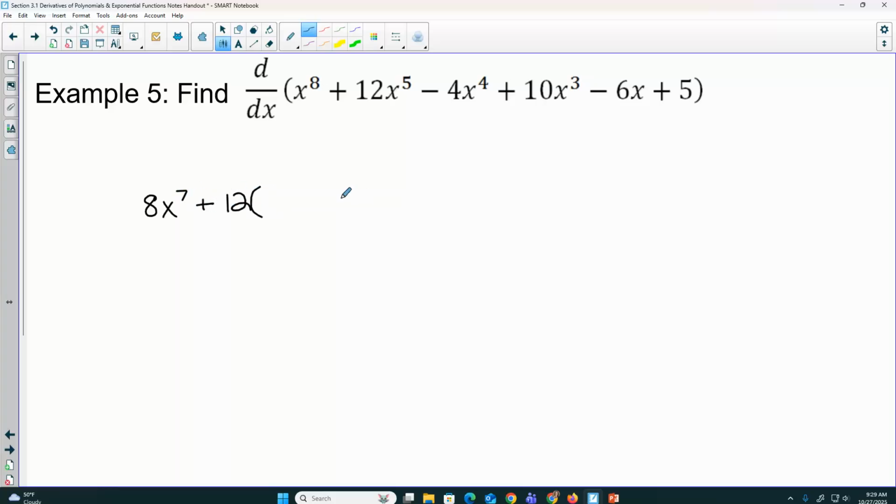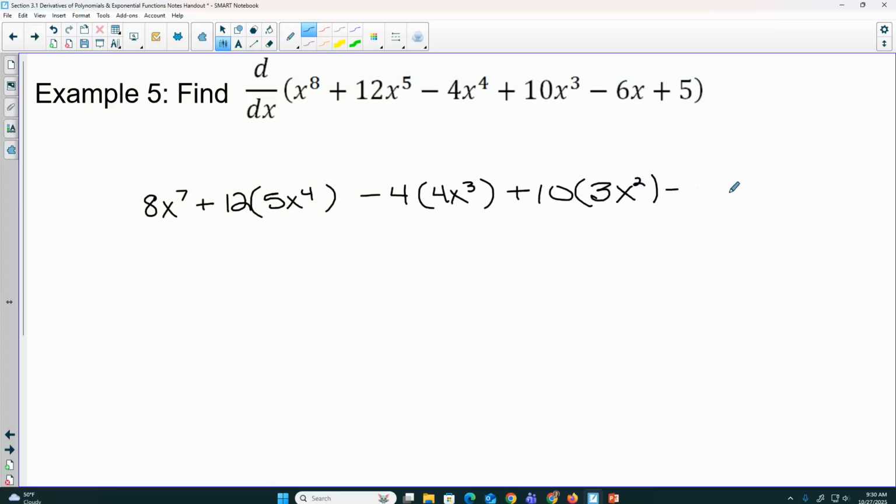Here, at least for today, I'm going to write out what I'm doing, but if you are okay without doing that, you're welcome to go ahead and simplify as you go. The 12 will be multiplied by the derivative of x to the 5th, so 5x to the 4th. Minus 4, what's the derivative of x to the 4th? 4x cubed. Plus 10 times the derivative of x cubed, 3x to the 2nd.